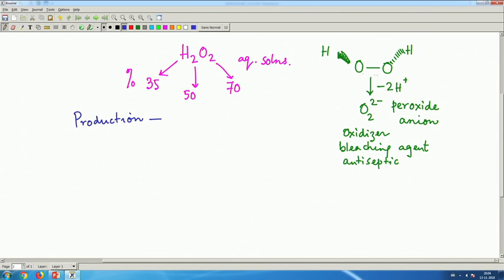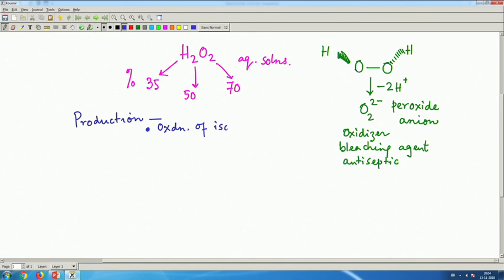It has a typically book shaped structure, because the OO is in one plane, and one OH bond is in a different plane, and the other OH bond is also present in a different plane. So, one such process where we can get the production of hydrogen peroxide is the oxidation of isopropanol.